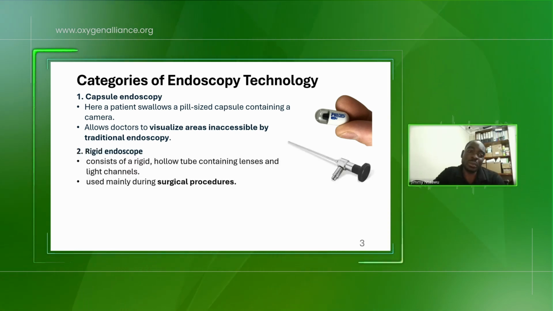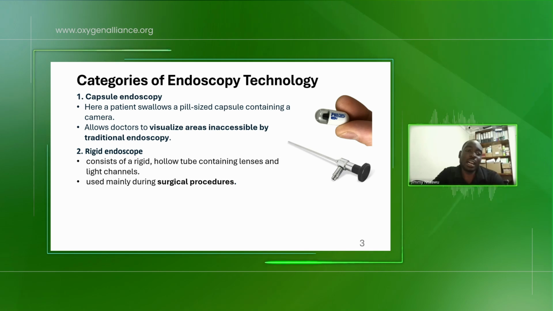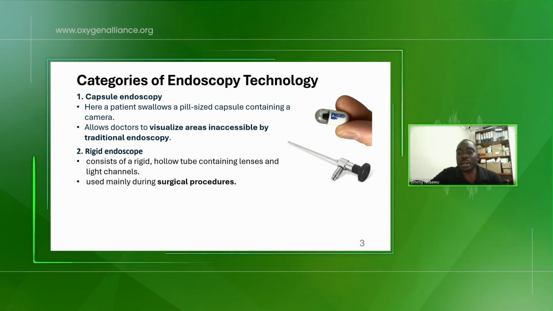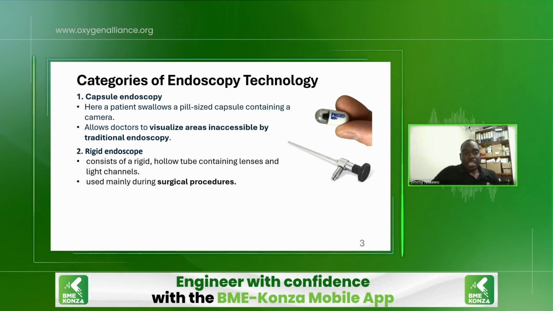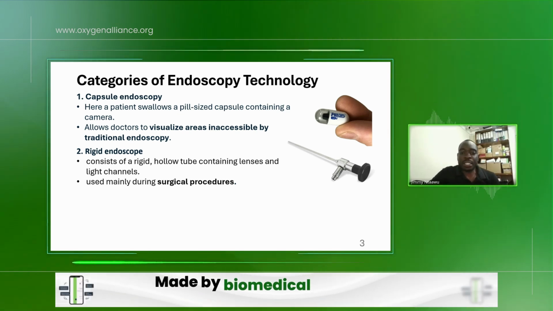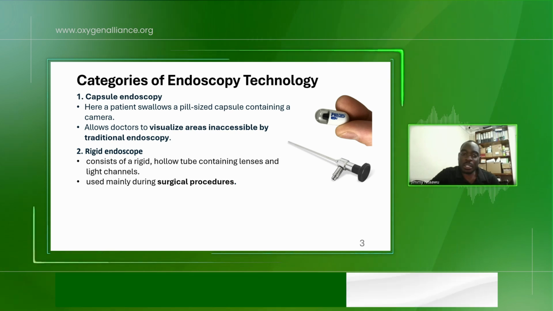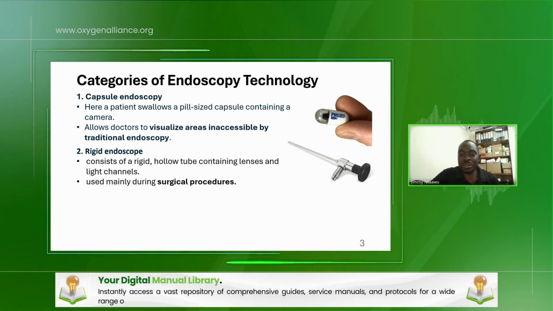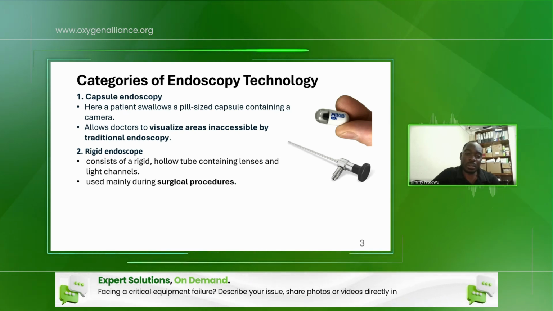So traditional endoscopies, there are two. We have the rigid endoscopy, whereby we employ what we call a telescope. It is rigid, and it uses lenses and cameras to visualize inside the body. We use this for surgical procedures, minimal ones, but they are more of surgical procedures.